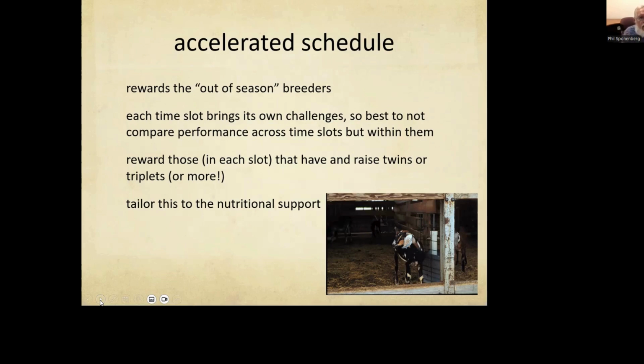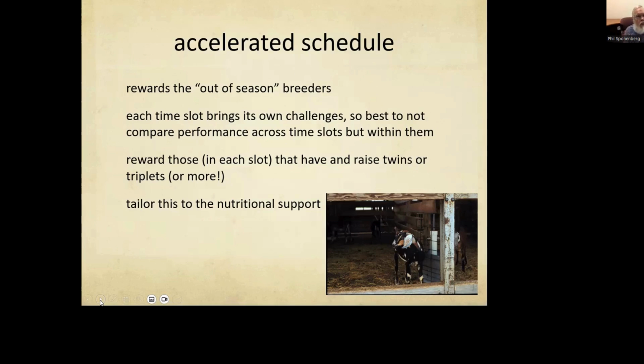Now, goats really, really like to kid in the spring. So March, April. And so basically what that means is if you're going to breed for those March and April kids, then that is a really, really easy task for those does. And that's when you're going to get the maximum number of kids out of those does, because that's what they like to do. They don't really like to kid in the middle of summer or in early fall.